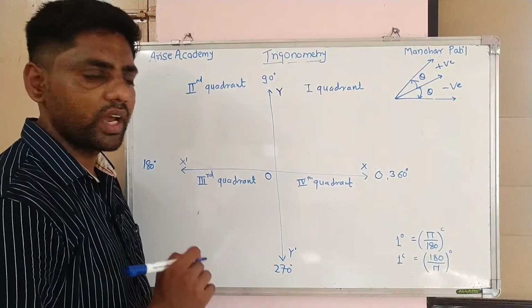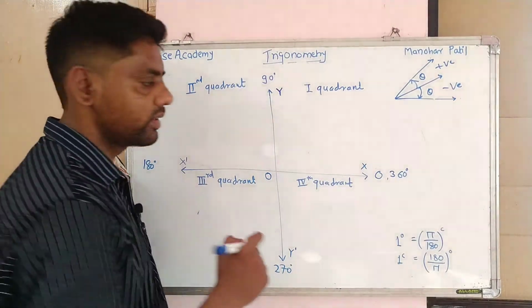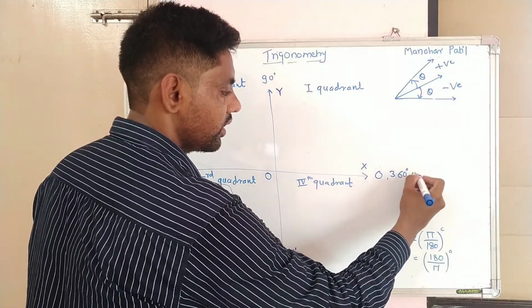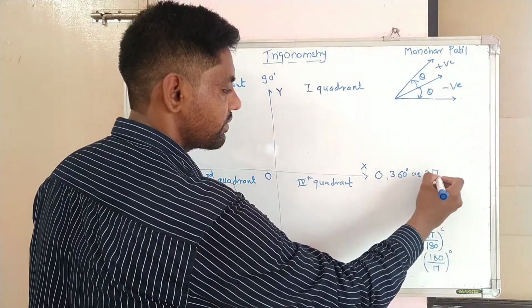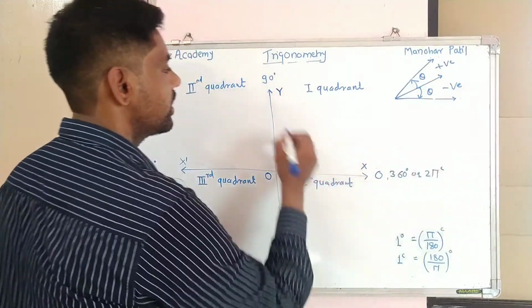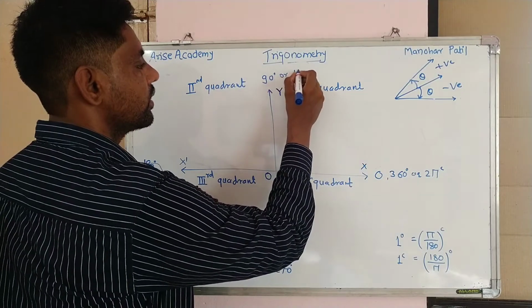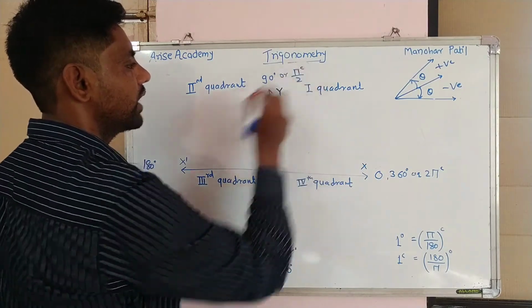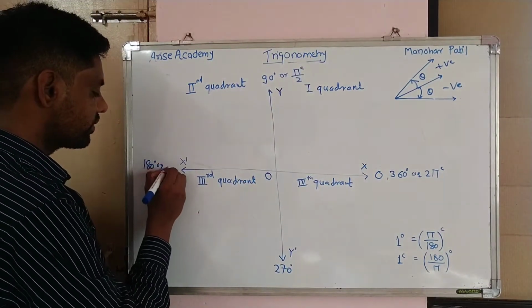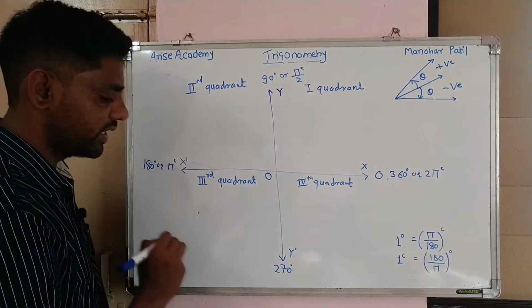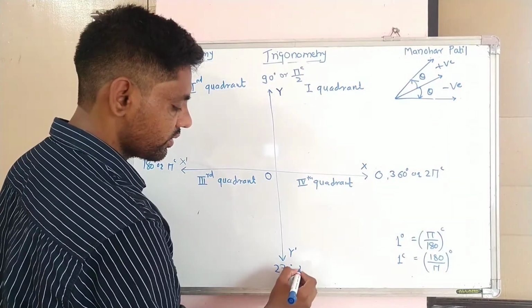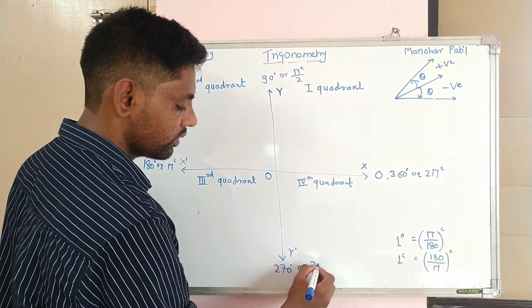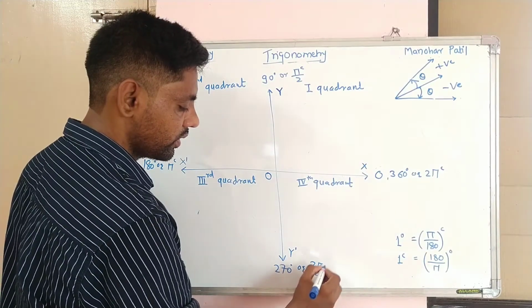Next we write these angles in radians. 360 degree means 2 pi radian. 90 degree means pi by 2 radian. 180 degree means pi radian, and 270 degree means 3 pi by 2 radian.